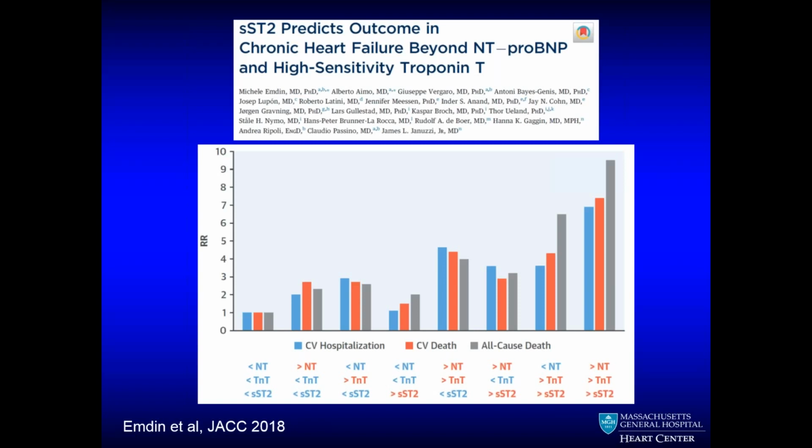So even when a natriuretic peptide and a troponin are low, in this case, the cutoffs were 1,000 picograms per milliliter for NT-proBNP, 14 nanograms per liter for troponin T, and 35 nanograms per milliliter for ST2, even if only ST2 is elevated, the risk is still nearly 2 times higher for all-cause mortality, demonstrating just how valuable ST2 is for predicting prognosis, even when other biomarkers are negative.